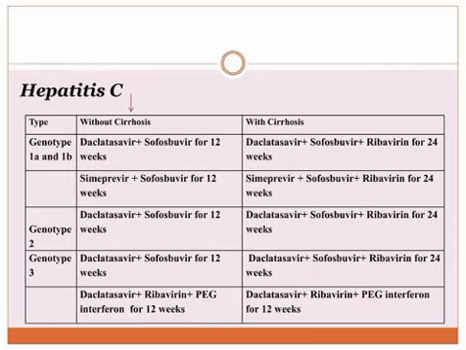Next will be hepatitis C. For that, it will be of two types: one with cirrhosis and another without cirrhosis. For without cirrhosis, it may be genotype 1a and 1b. In those conditions, we have to give daclatasvir and sofosbuvir for 12 weeks. These are all antiviral drugs.